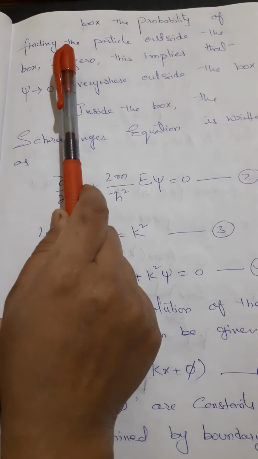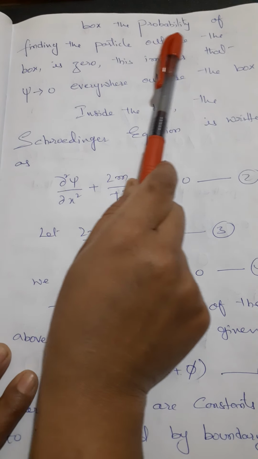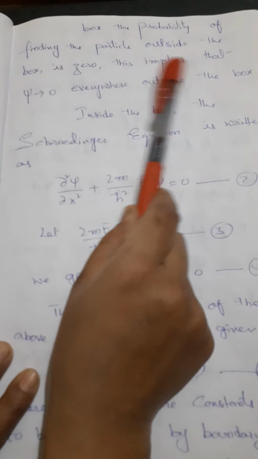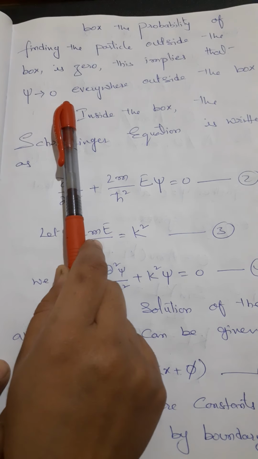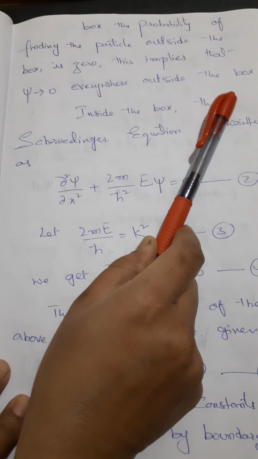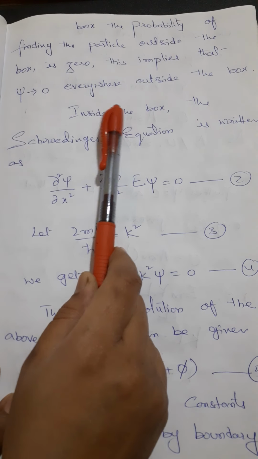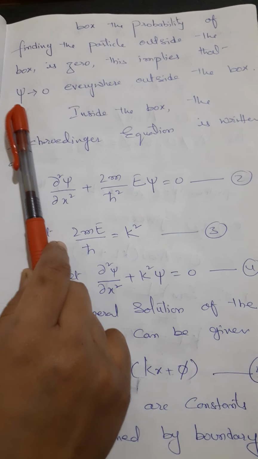As the particle is always within the box, the probability of finding the particle outside the box is 0. So this implies that psi is equal to 0 everywhere outside the box. There is no particle outside, so the wave function is also 0.